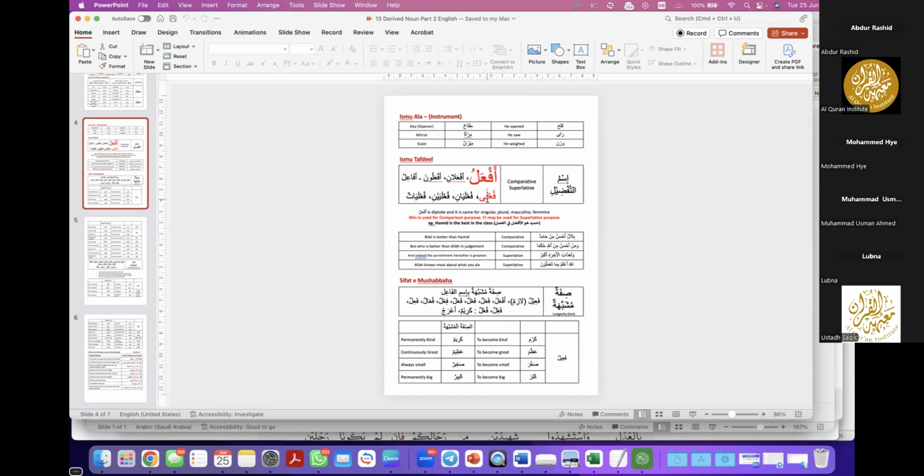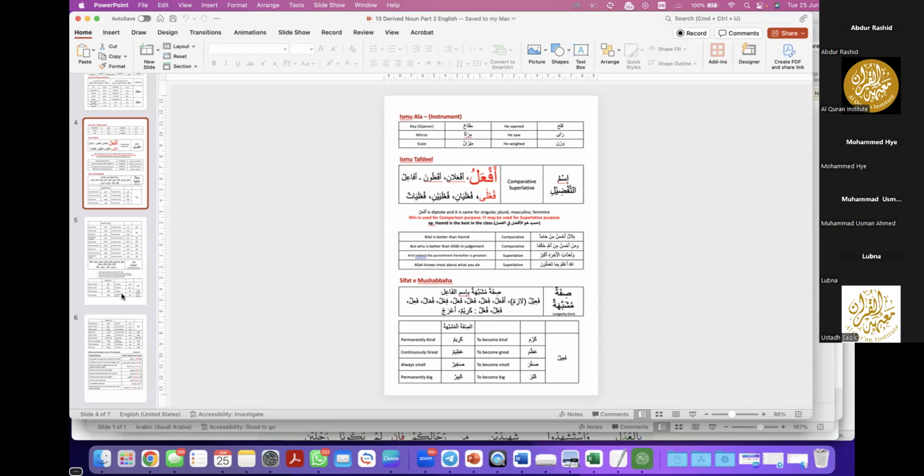By itself ula is not, but the meaning is that the example had min. And not only min, as you know, when it is ismut tafdil, min means than, not just from. So there may be a sentence with min where it's not comparing, and then it will not be ismut tafdil. That's the point.